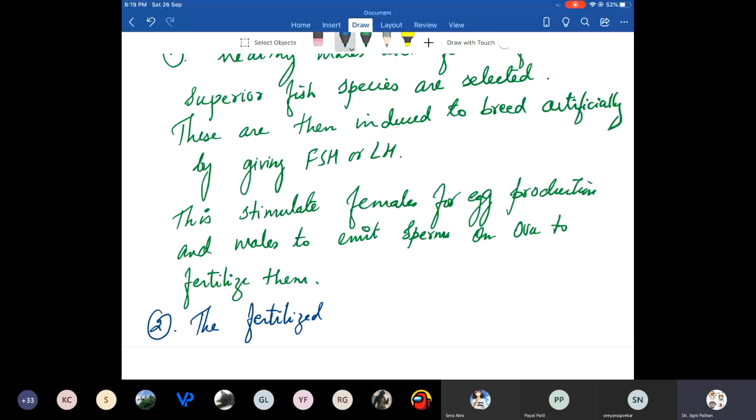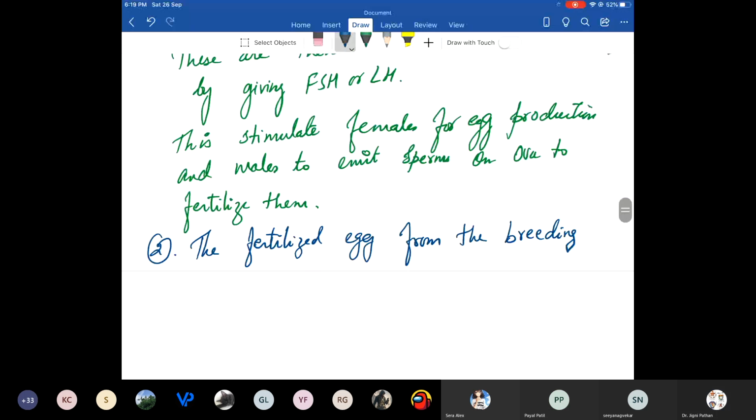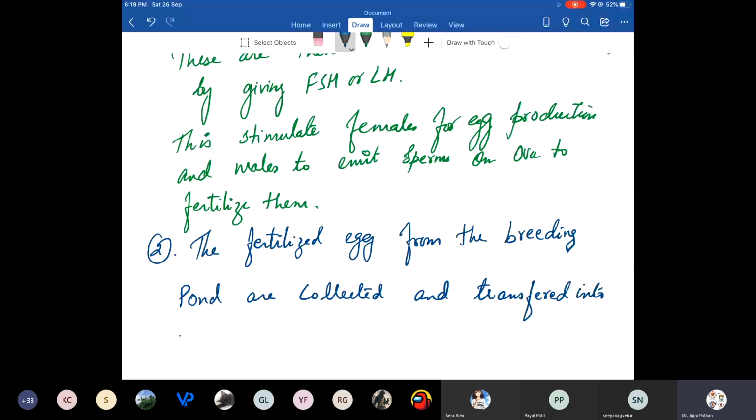From the breeding ponds, the fertilized eggs are collected and transferred into hatcheries.